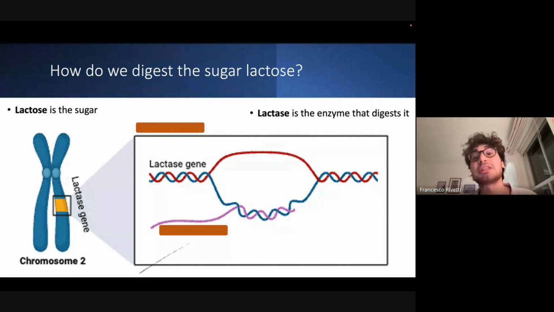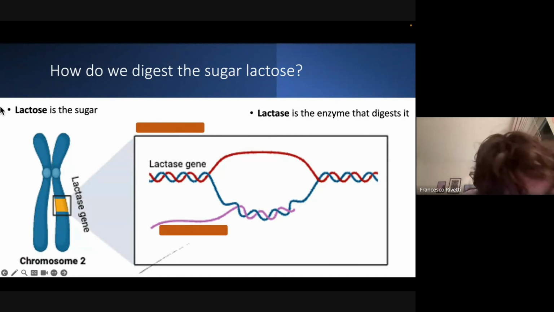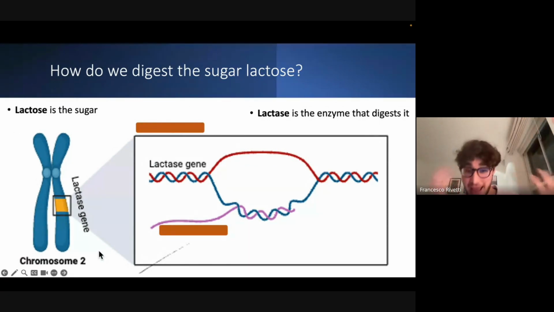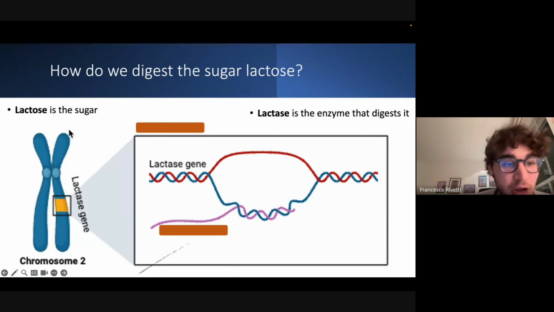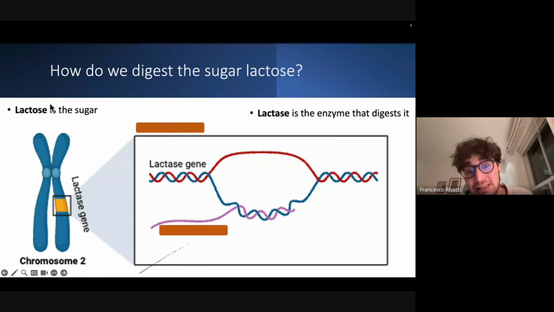For lactose, there's a specific enzyme called lactase. Lactase is the enzyme, the gene, that is responsible for digesting lactose. I know it's very confusing because the words are very similar, but the -ose ending is for sugar, and -ase is the ending for enzymes and genes.